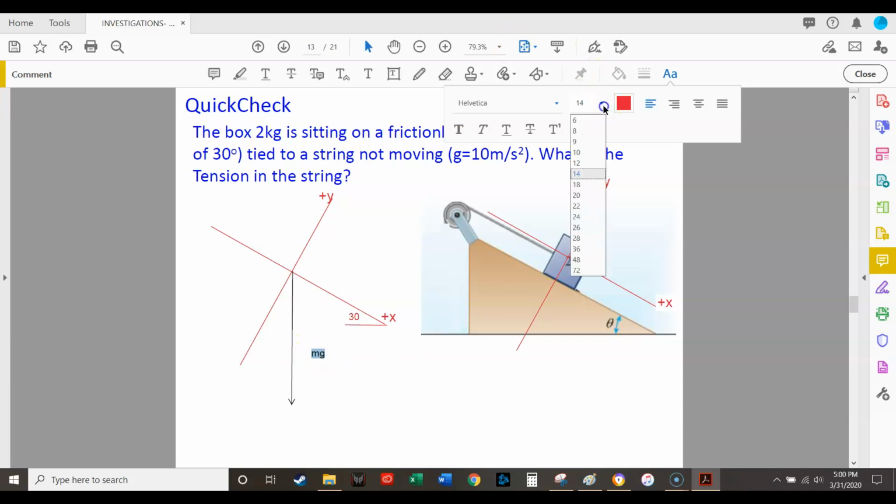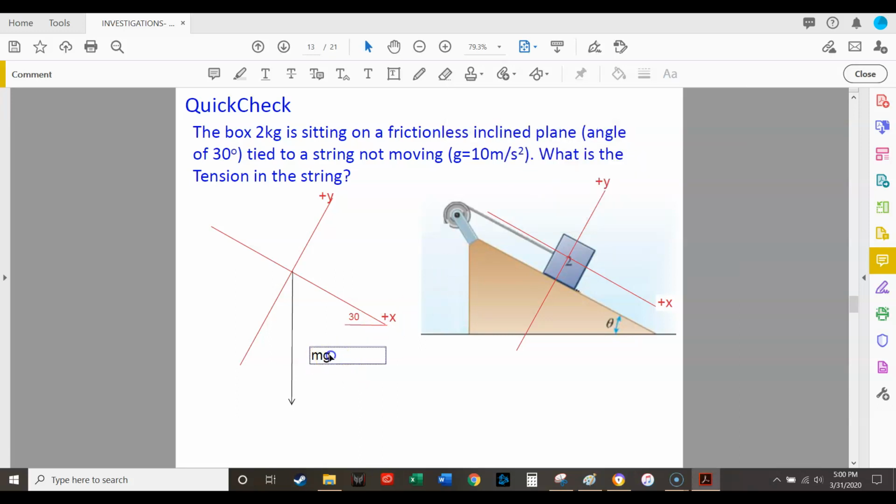I'm going to make it black to be consistent. The angle, 30 degrees, is actually right here as well.